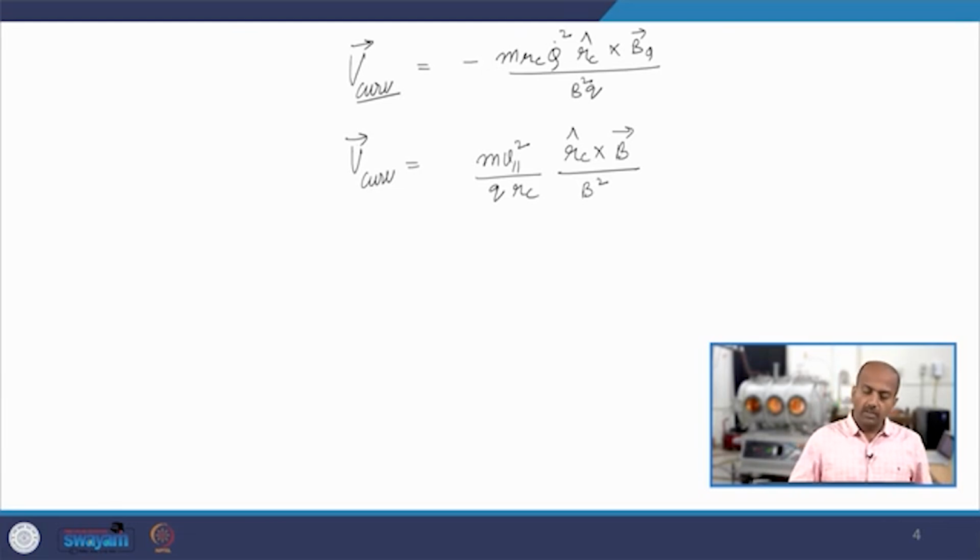Now, what you see from here is that the curvature drift velocity is dependent on the charge. So, it will be in different directions for different polarities of the charge.